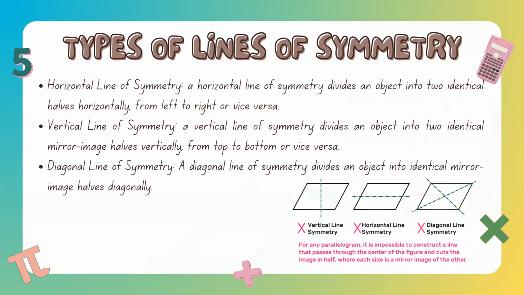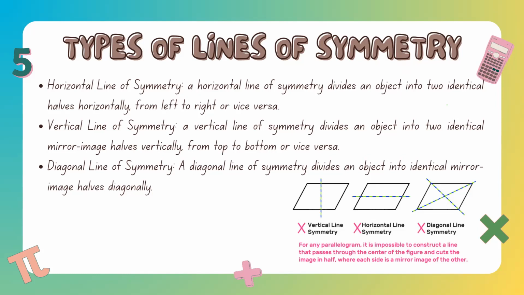Basically, for lines of symmetry, you have a shape and you need to cut it in half, but it needs to be 100% accurately equal. At the bottom there are three ways of drawing the line of symmetry.